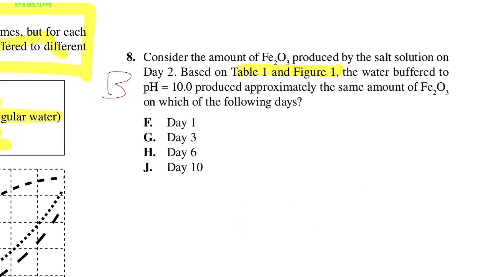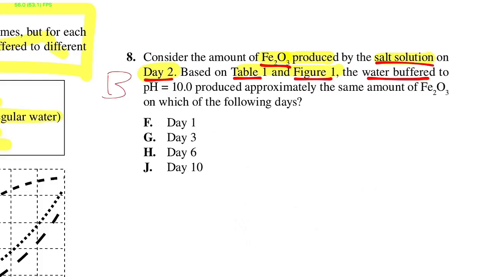We'll see. So question 8 says, consider the amount of rust produced by the salt solution on day 2. Okay, so they're telling me rust, salt solution, day 2. Then it says, based on table 1 and figure 1, the water buffered. So far, we haven't really seen anything about buffering water, and you really don't even need to know what buffered means.